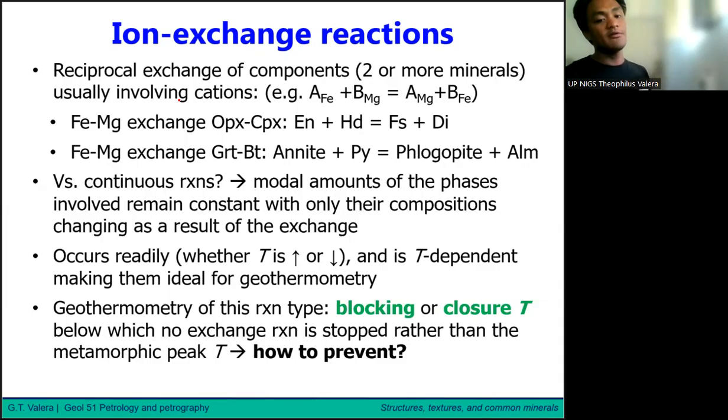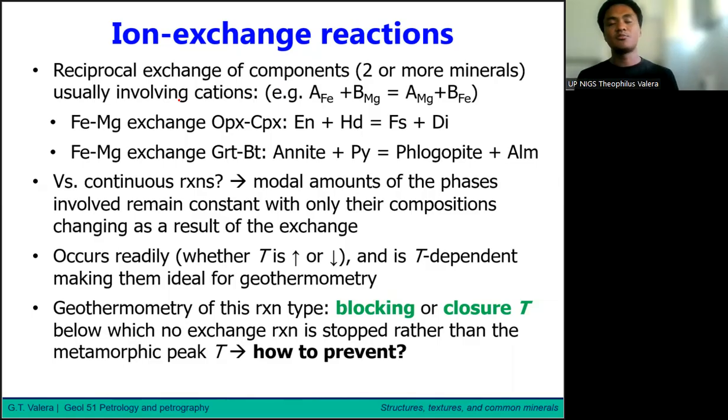So how does it differ from continuous reactions? The modal abundance in ion exchange remains the same. It's just the chemical composition. Only the iron magnesium ratios change. Okay? So, of course, just like discontinuous reactions, ion exchange reactions are a function of temperature and pressure.